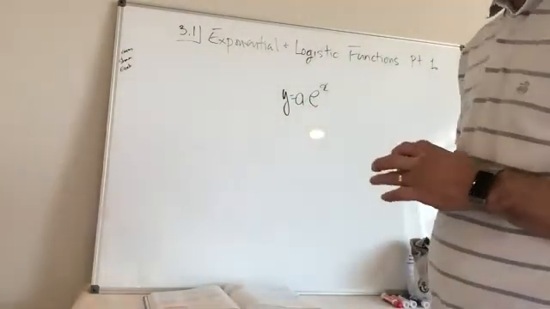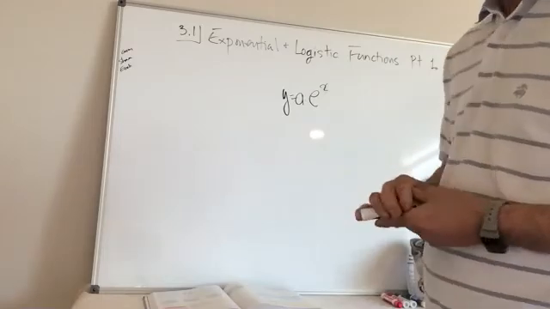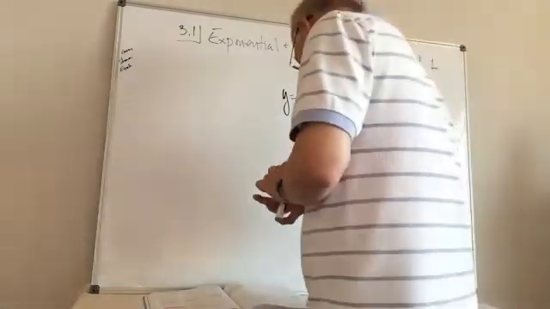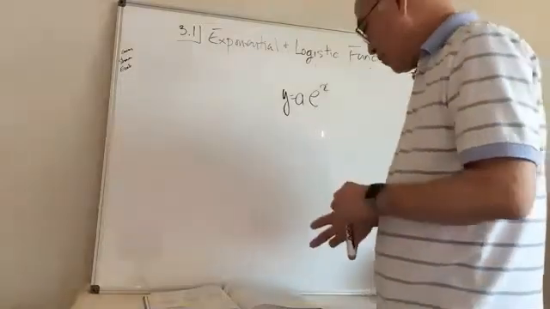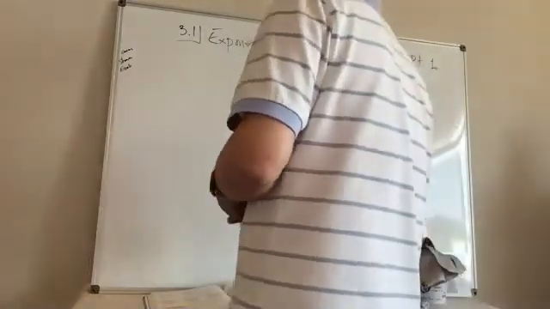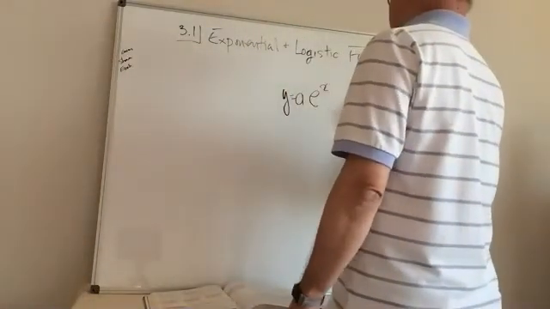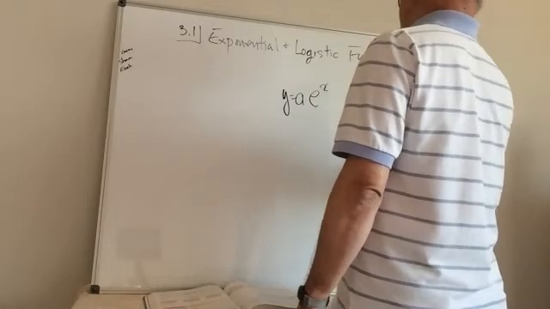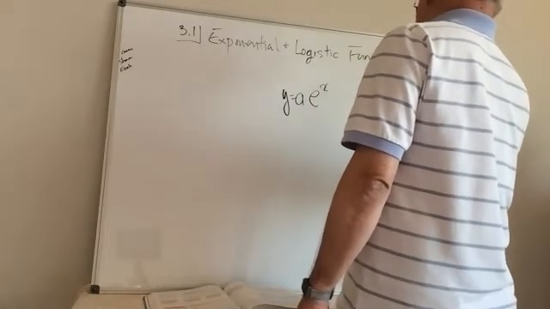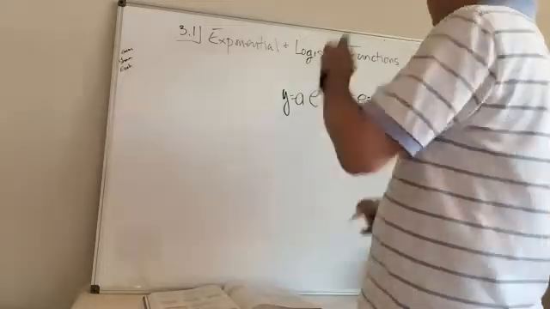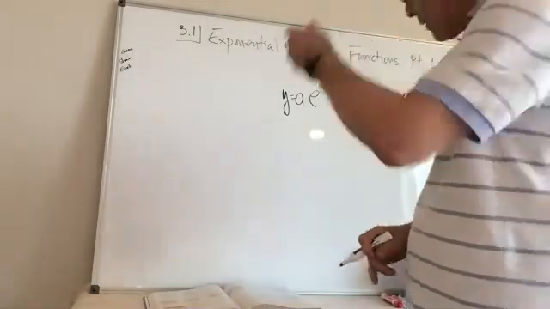Don't get too tied up or hung up about this. You don't need to know this right now. But I mean, it's good to know. You don't have to know it, all right? e is equal to the limit as x goes to infinity of 1 plus 1 over x, to the x. That's how you find it.